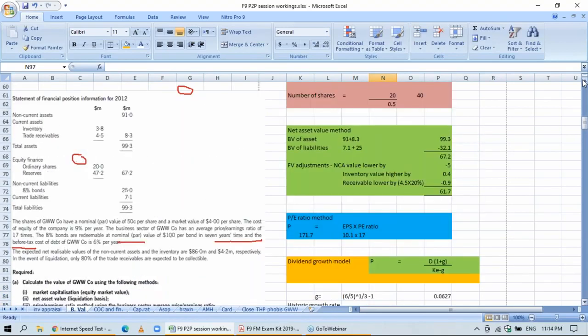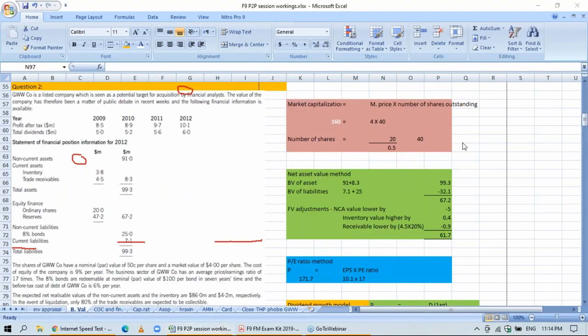In order to calculate the average, we will add all of these earnings, and from the sum of the profits after tax, you will have to deduct these dividends. This gives you the average percentage of retentions.